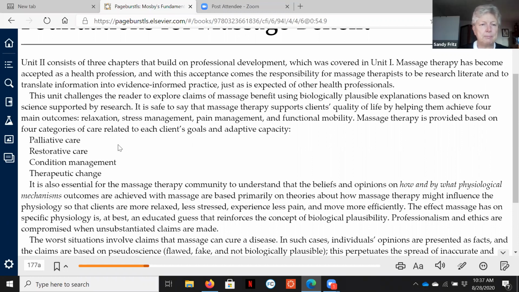So we have our palliative care, and sometimes this word is used primarily in the medical environment, but this is about what is going to occur right at that time, and that is going to be soothing and support well-being. It's not about trying to reverse some sort of malfunction or some sort of mobility issue, or that's going to require more activity or more adaptive capacity by the client.